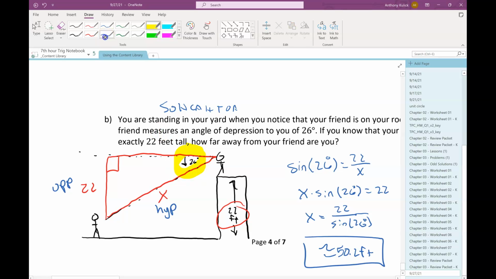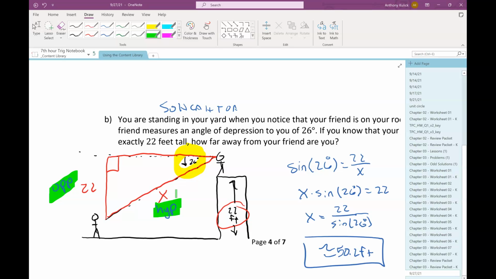Relative to the 26-degree angle, this side is the side that's across from it. That's the opposite side. This side is the hypotenuse. It's the longest side. So it just depended on which angle I was using.